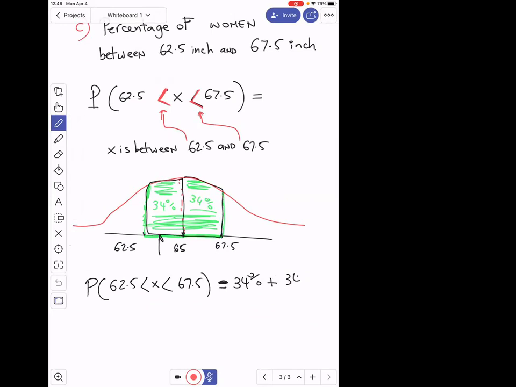So the answer would be 68%. That would be the percentage of women between 62.5 and 67.5 inches. You see, guys, why it's not just 34, it's actually 68, right? Because we have 2 34s here, from 62.5 to 67.5.